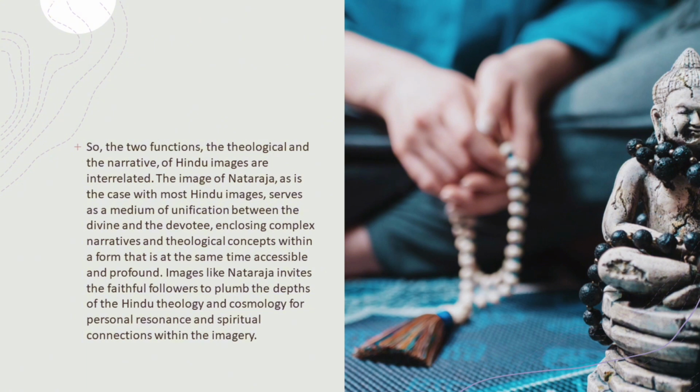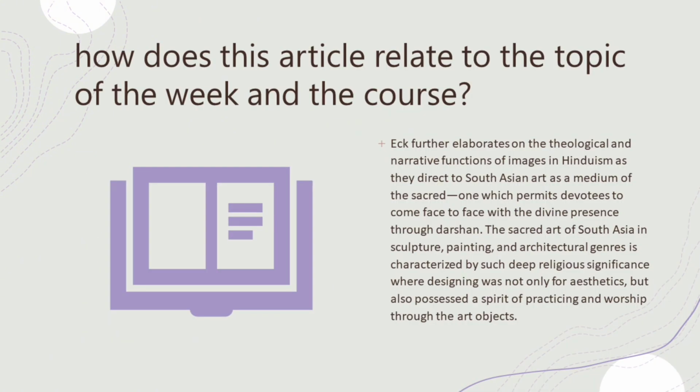and profound. Images like Nataraja invite the faithful followers to plumb the depths of Hindu theology and cosmology for personal resonance and spiritual connections within the imagery. Eck further elaborates on the theological and narrative functions of images in Hinduism as they direct to South Asian art as a medium of the sacred, one which permits devotees to come face to face with the divine presence through Darshan.